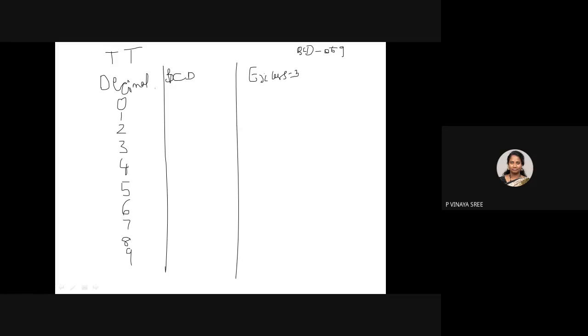Now 0 is represented in BCD with 4 bits.